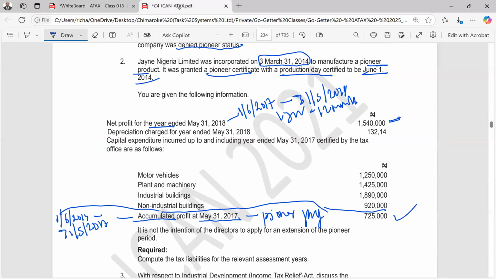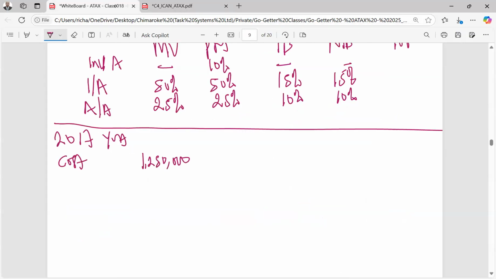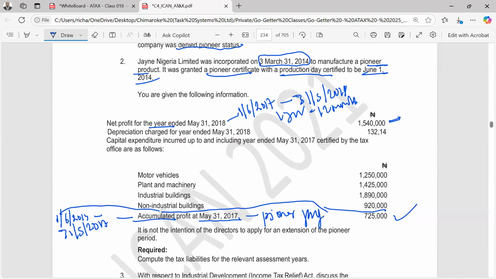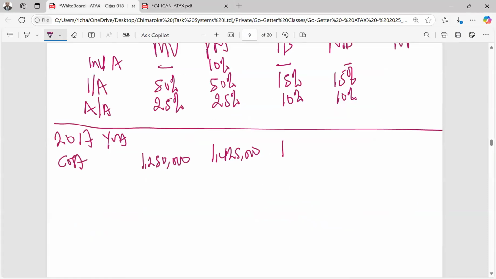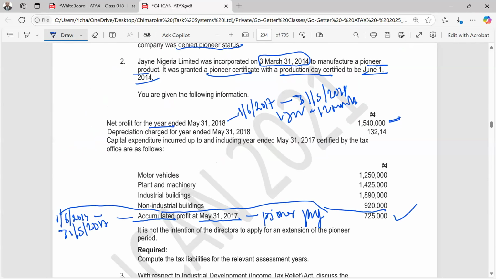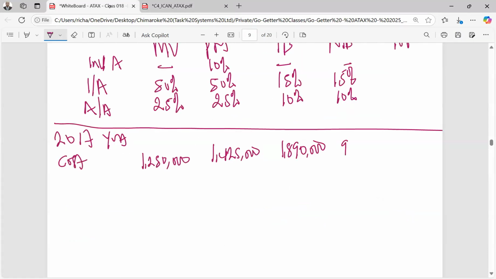The next one is 1,425,000. The next one is going to be 1,890,000. And the last one is 920,000. So we'll start with investment allowance.